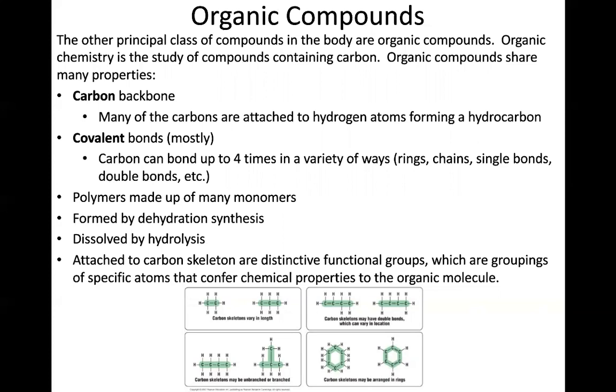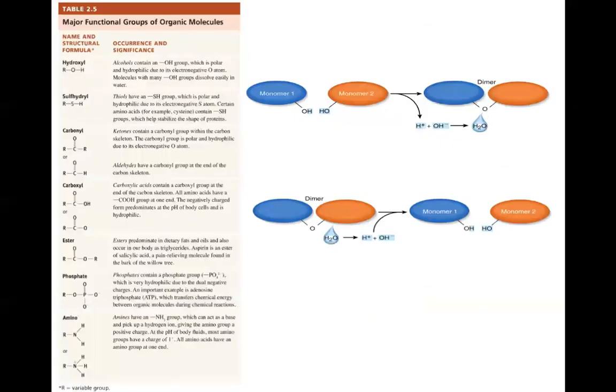Now, think of organic compounds like a brick house. A brick house is made up of bricks, correct? Each brick is what a monomer is. Mono is a prefix that means 1. You take 1 and you bond it to another, you've got a dimer, right? We talked about this and showed this picture on Monday.